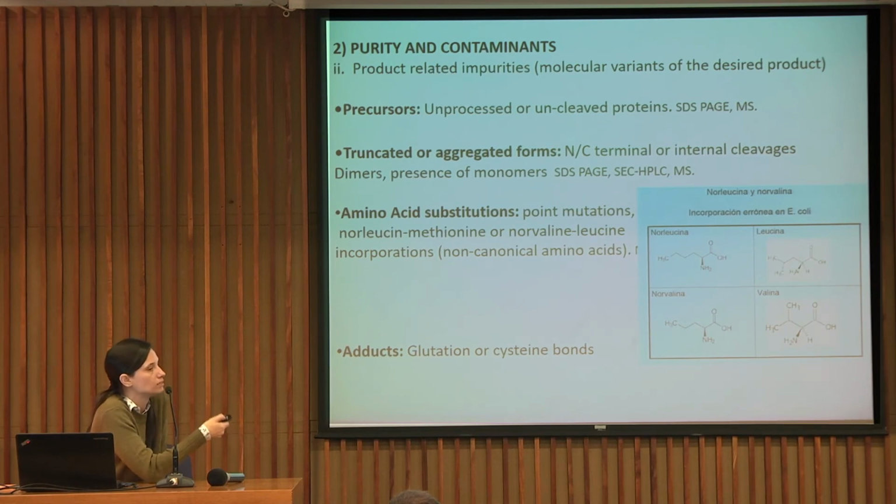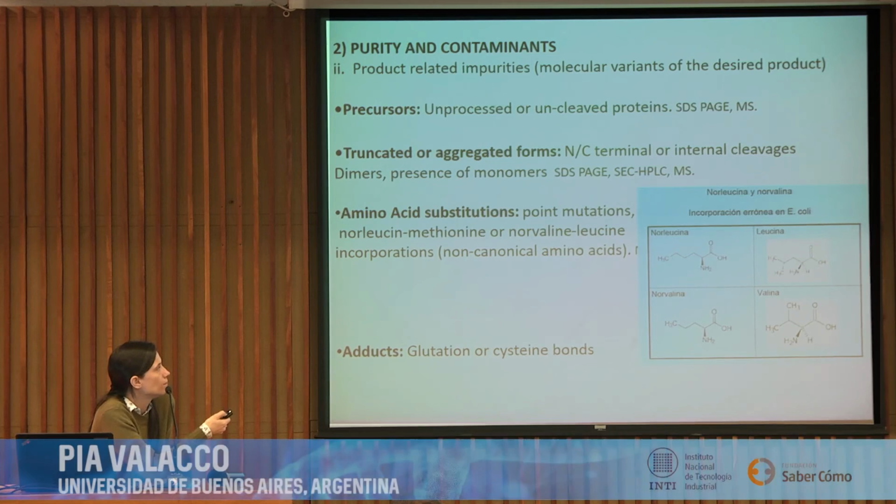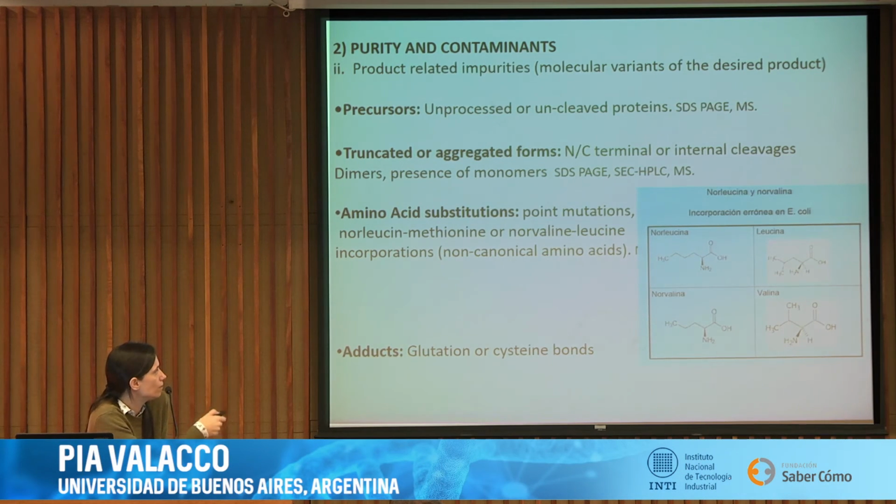You will be seeing peaks that correspond to masses that are not the expected ones. The same for truncated or aggregated forms. It's very common to have N or C terminal cleavage or internal cleavages, or you may have dimers or presence of unwanted monomers. So there are different techniques to see this, but an MS spectrum will be fast and simple.